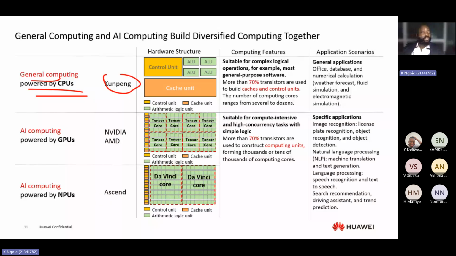This is mostly used in offices, databases, numerical calculations, all that. And then AI computing is powered by GPUs, with companies such as NVIDIA creating different chips with different architectures that also help train the model.